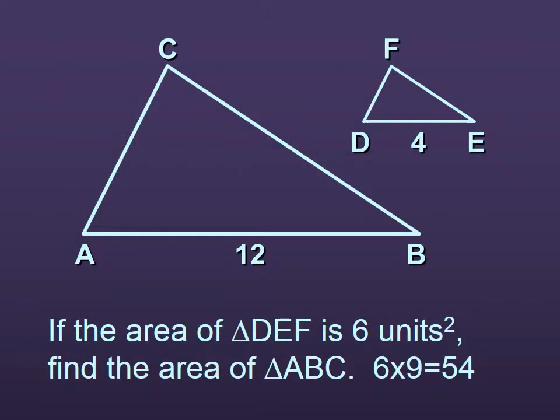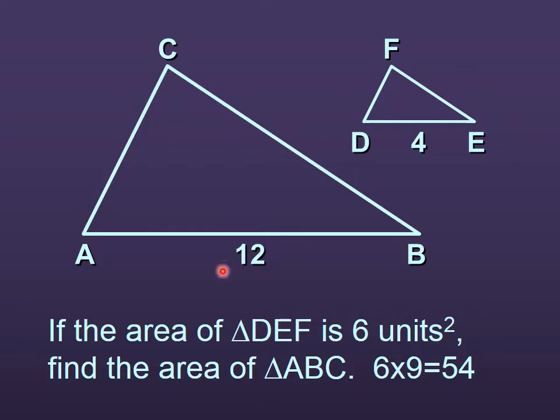For example, the area of triangle DEF is 6 units. Find the area of ABC. The first thing we have to do is find the ratio. What is 12 divided by 4? It is 3. So the ratio of the sides of the triangle is 3.